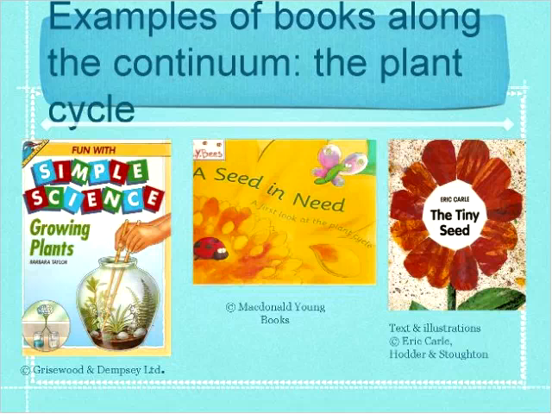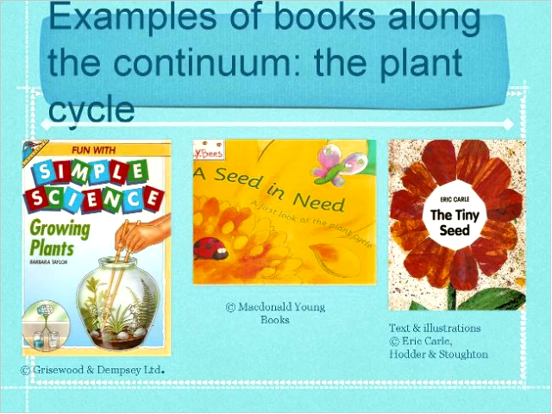Now, just to illustrate these with 3 examples, which I literally took off my bookshelves, so you can see examples of the kind of thing I mean. This is to do with the plant cycle, where on the left here we have Simple Science, a book about growing plants, where there are textbook type drawings and pictures, and it's in a kind of science register.